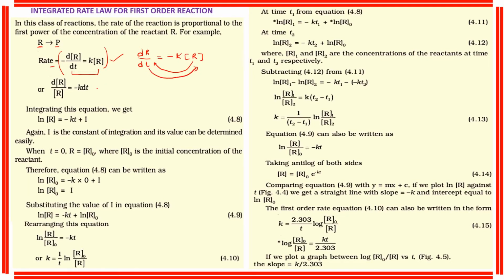Then we are going to get this expression: d[R]/[R] is equal to minus K into dt.